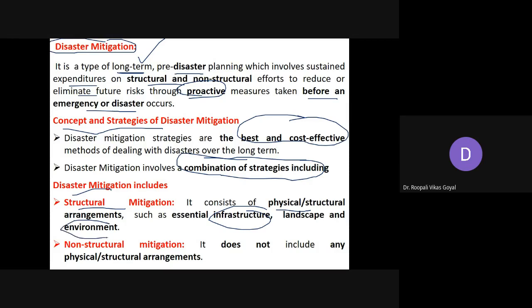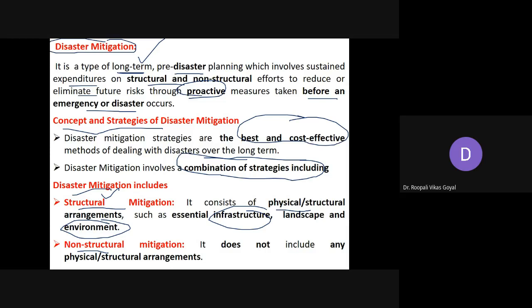So you have to create a structure which is basically disaster proof. Generally, more focus is to be applied in the area in which you are living, if it is a disaster prone region, either for earthquake or flood or cyclone. Such structural mitigations are to be applied to those structures which are there in that disaster prone region. So structural mitigation is related to the structural part.